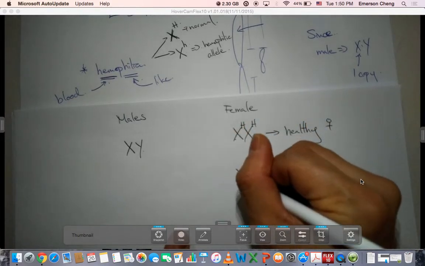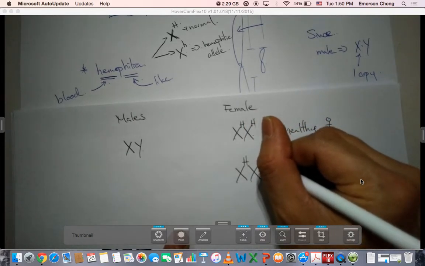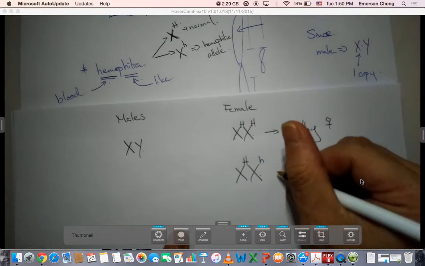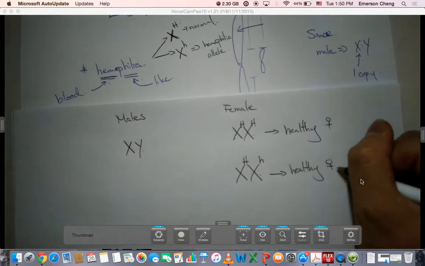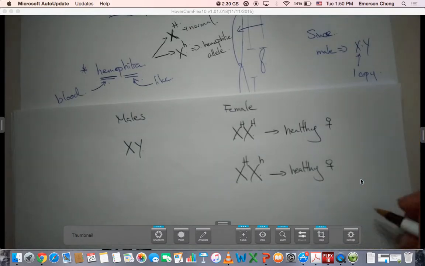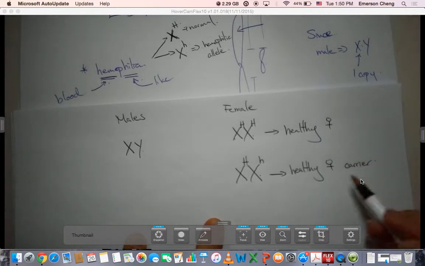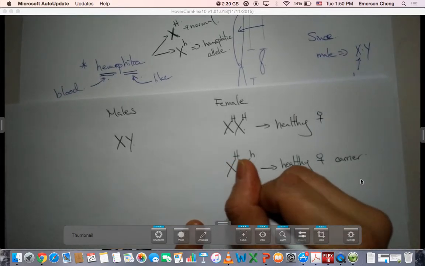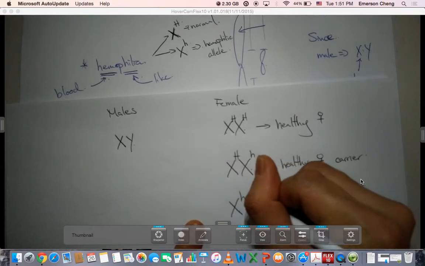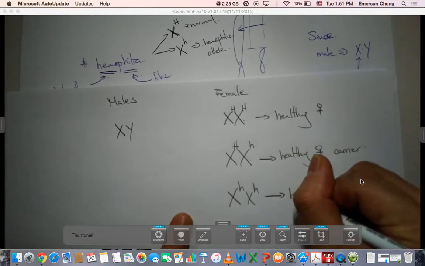If one is capital H and the other is small h, she is a healthy female, but she carries the hemophiliac gene: a healthy female carrier. On a much rarer chance, you have two small h's, and then you'll be hemophiliac.